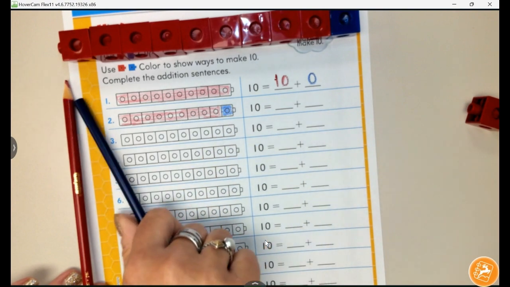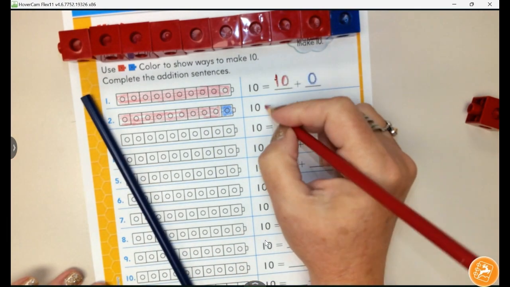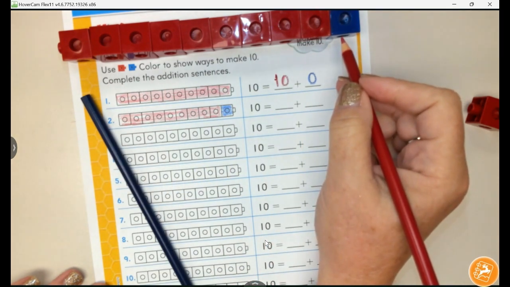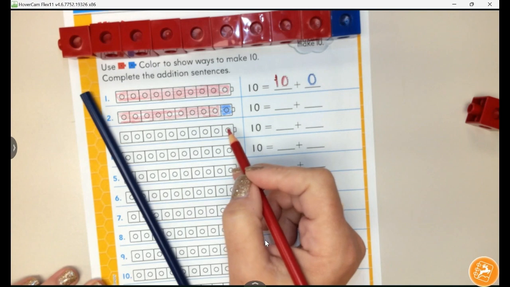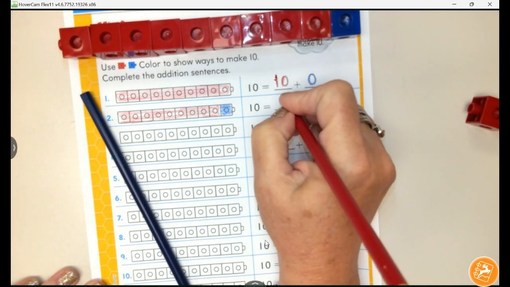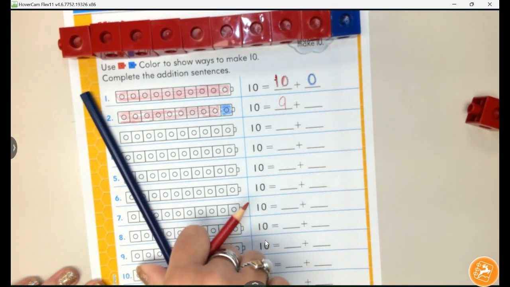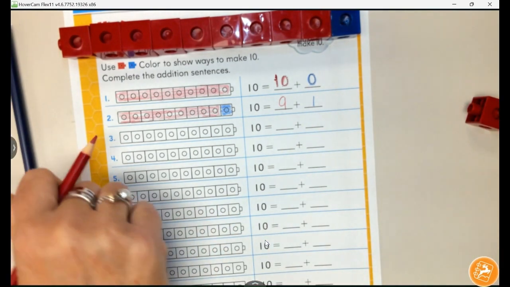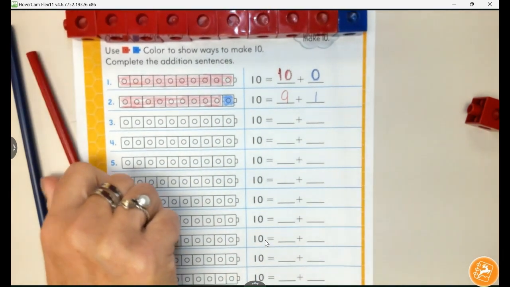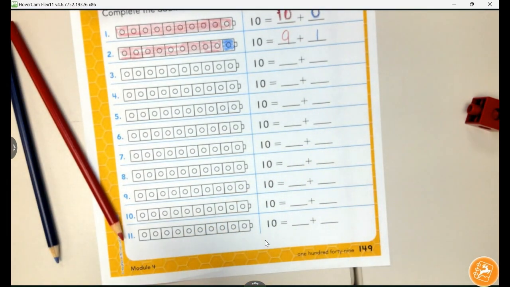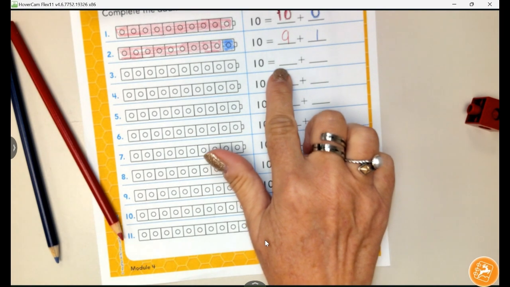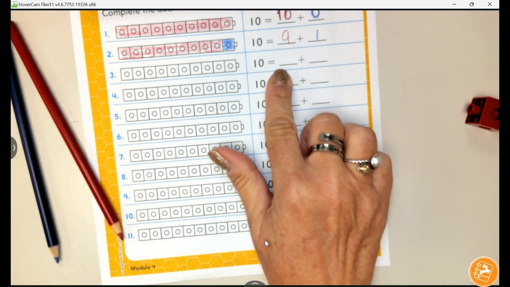I'm going to color that in. I'm going to have my students use their pencils and again show that it's the same 10 train. We didn't make any more or any less. It's the same 10 train, but now we used 9 red and 1 blue. Then I'm going to continue the process all the way down the page until I get to my very, very last 10 train. So this one's going to be 9 and 1. This one would be 8 plus 2.